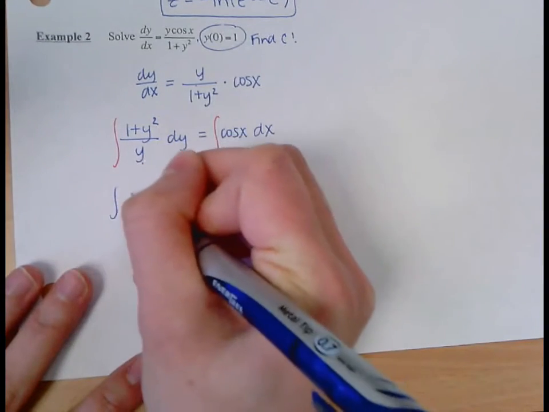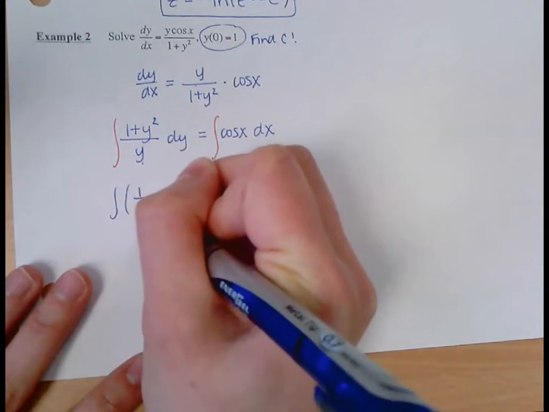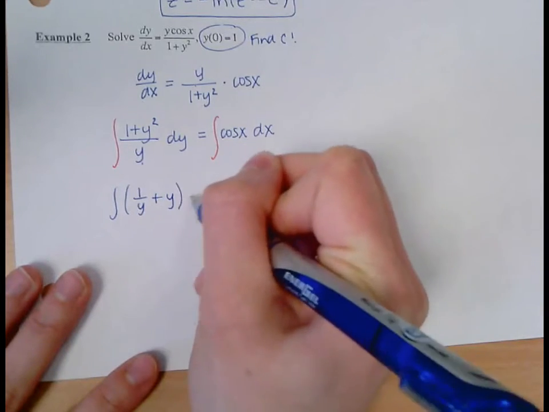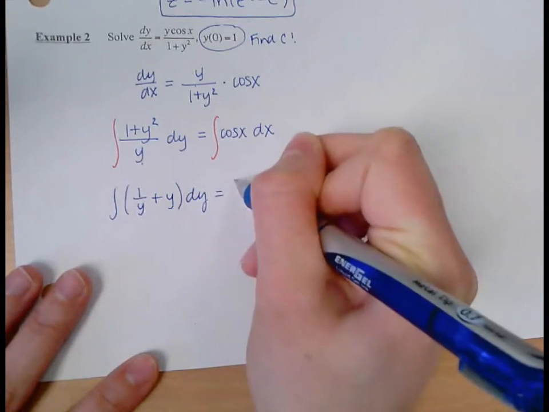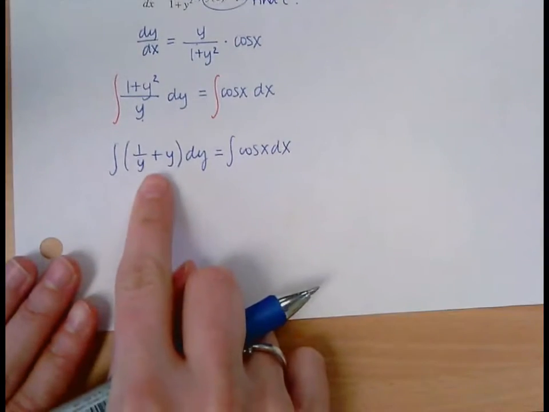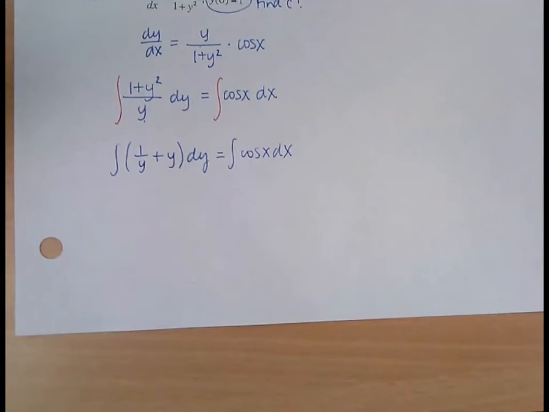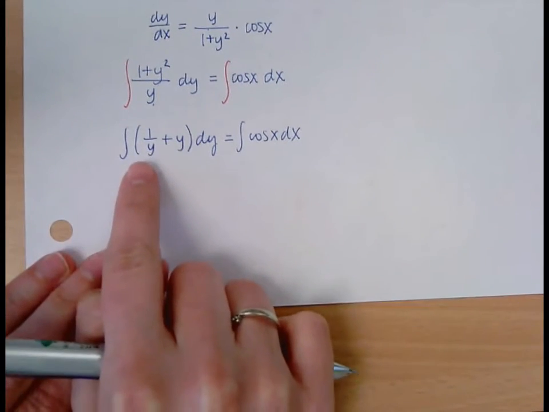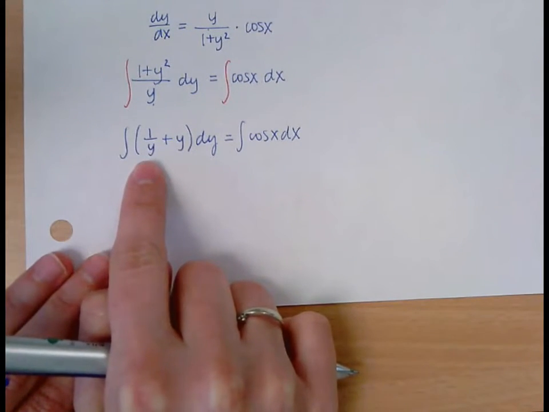So this is really the integral of the quantity 1 over y plus y. Which then is helpful because both 1 over y and y have antiderivatives. So substitution is not needed. So what would the antiderivative of 1 over y be?